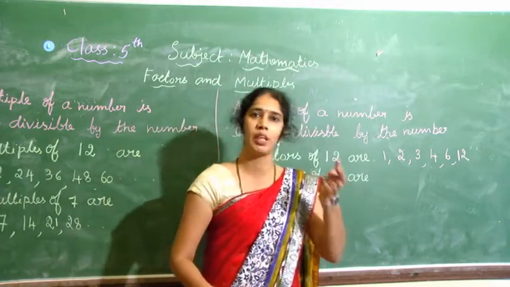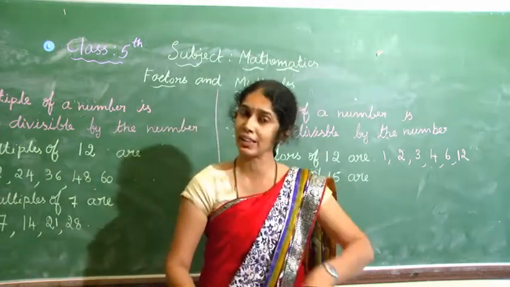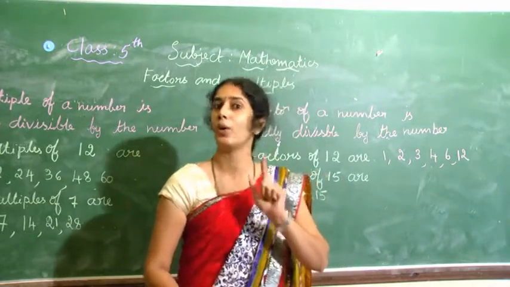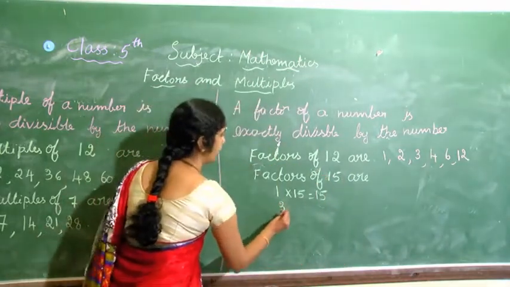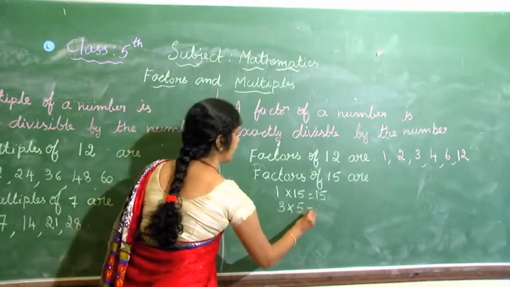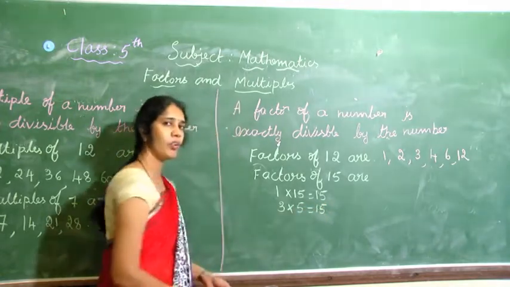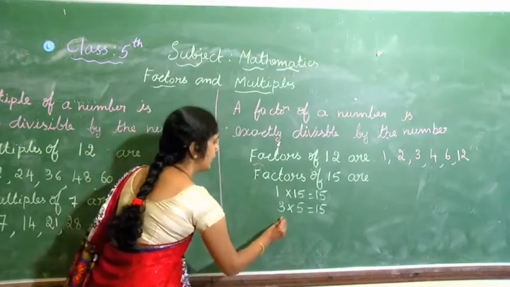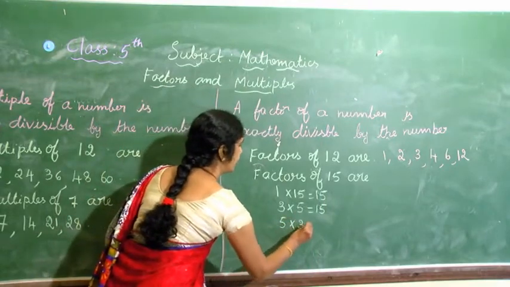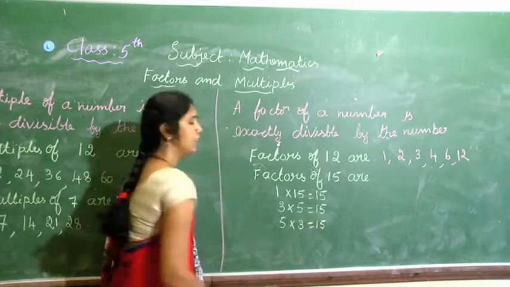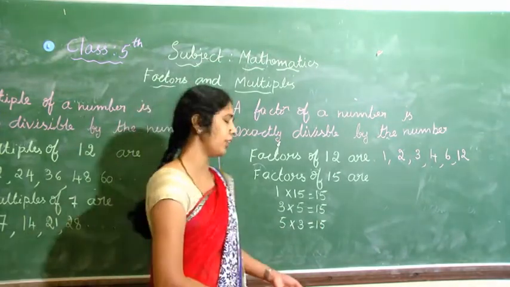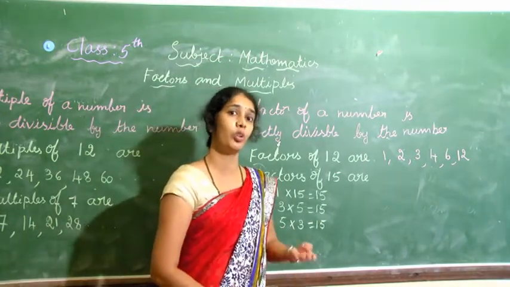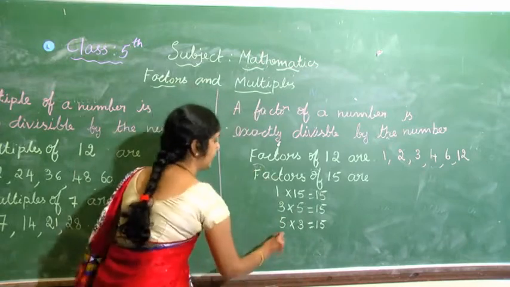No, 2 sevens are 14, 2 eights are 16. Next in 3, yes, you are right. In the 3 table, 3 fives are 15. Next in the 4 table, it will not come. 5 table, yes, you are right. 5 into 3 equal to 15. In the 6 table, no. 7, no. 8, no. So, directly 15.